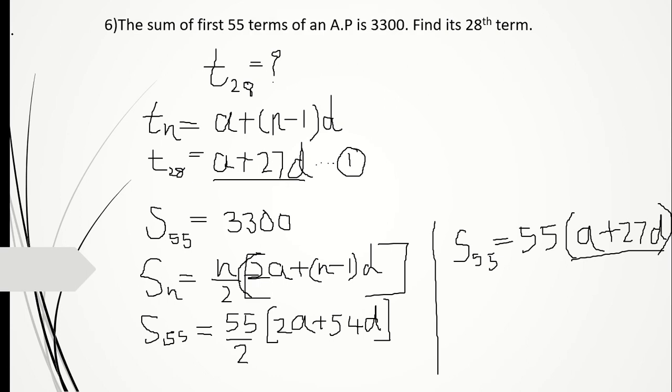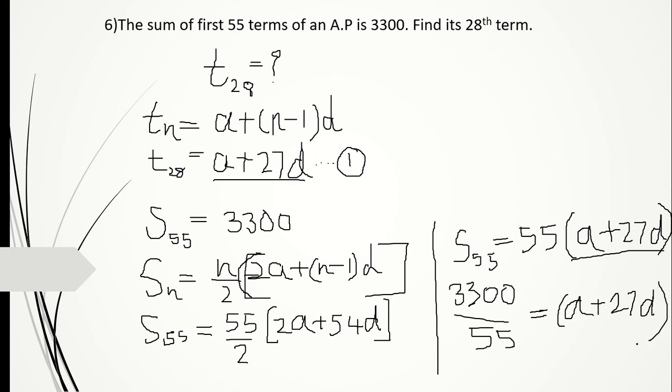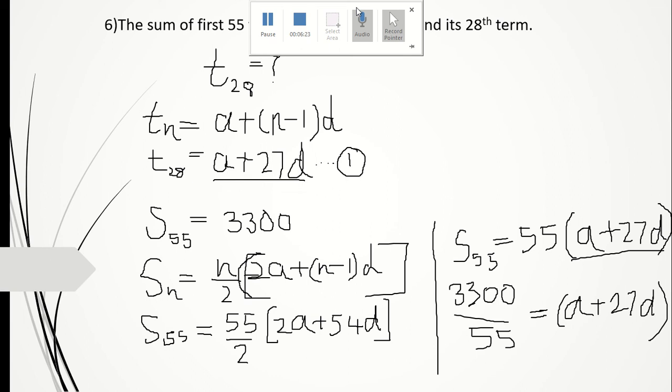So I just have to divide, and I get the value of a plus 27d: 3300 divided by 55 is equal to a plus 27d. a plus 27d is T28, that's why I got the value of T28 when I divided.